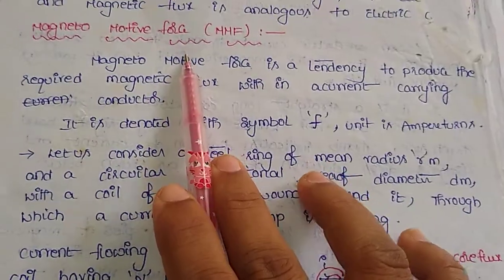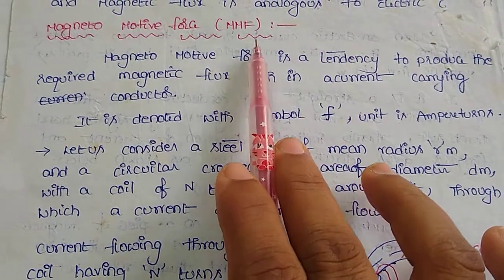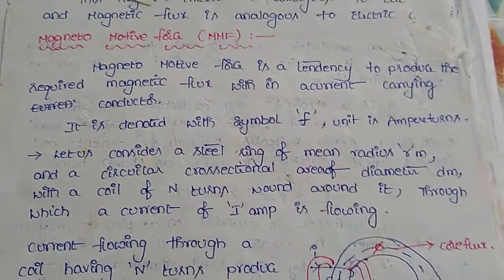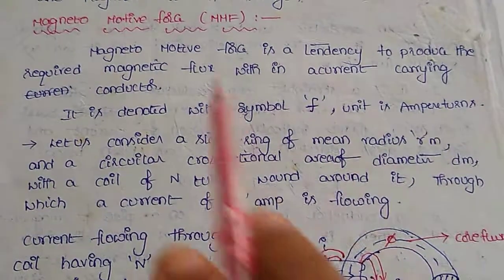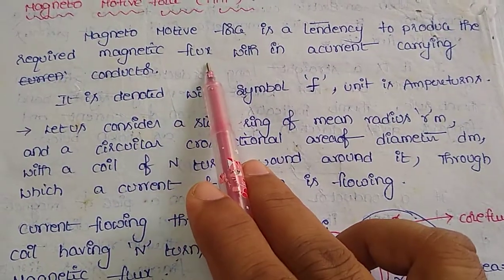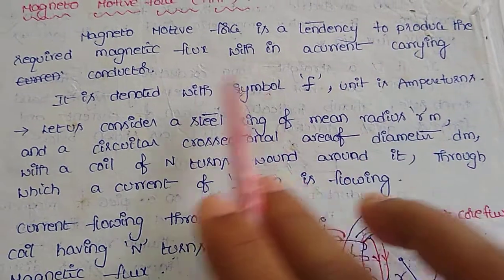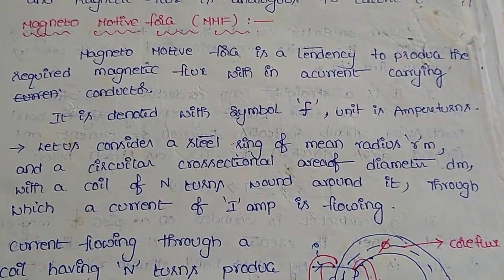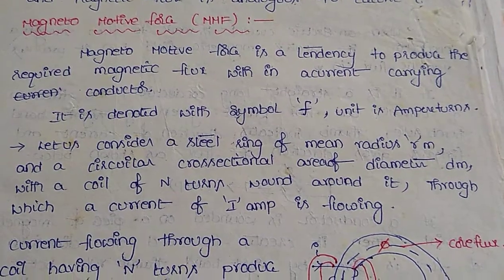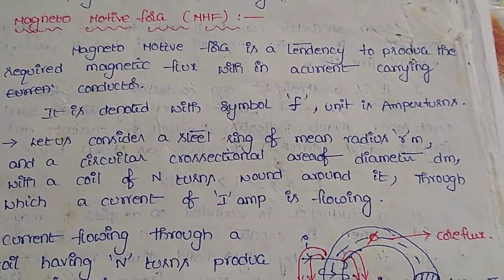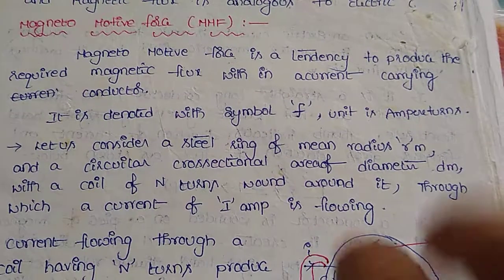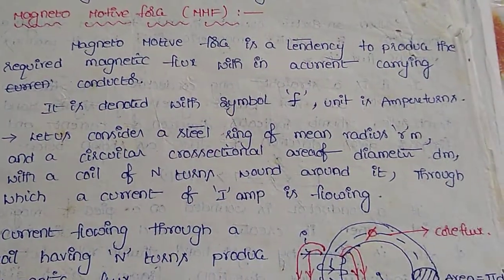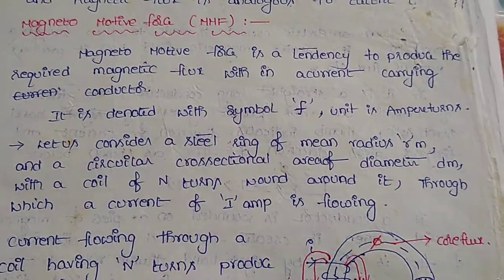In the case of magnetic circuits, magnetomotive force is the force which is the tendency of producing magnetic flux within a current carrying conductor. Just as in an electric circuit the EMF drives the electric current, in a magnetic circuit the MMF is the driving force which drives the magnetic flux.